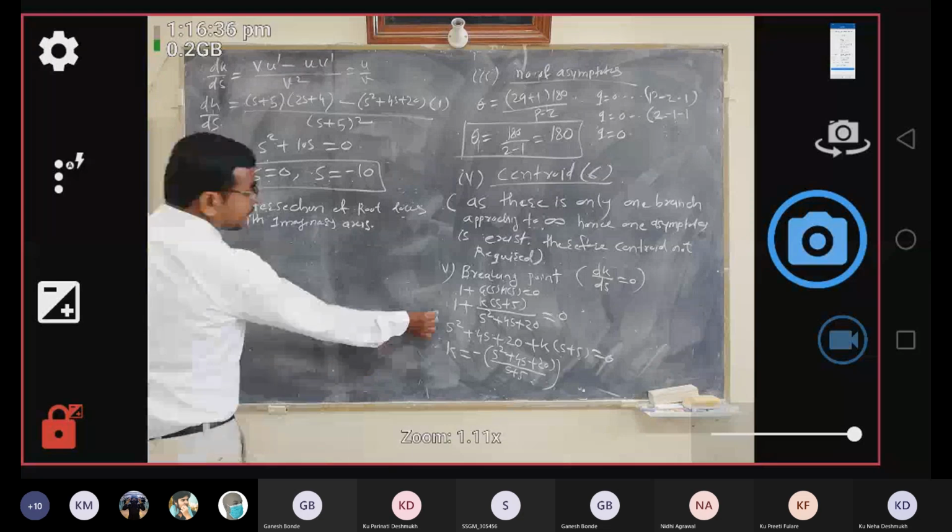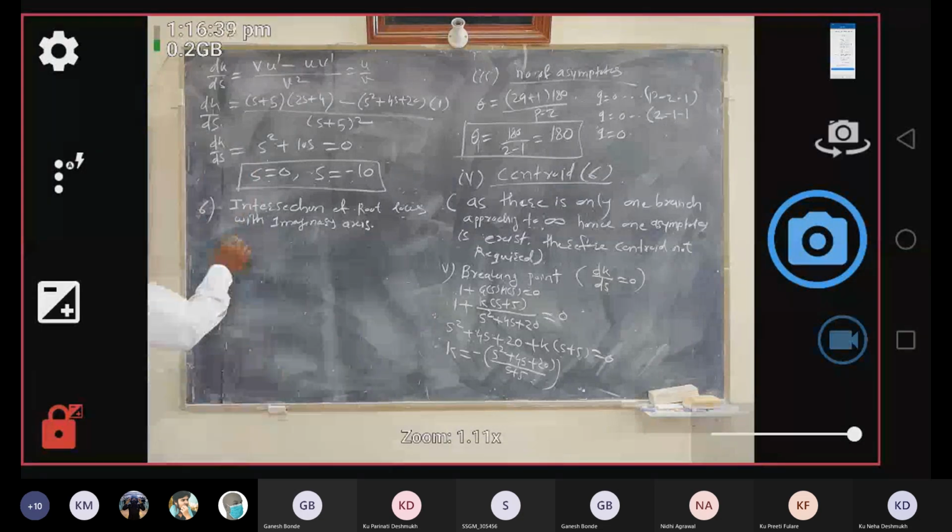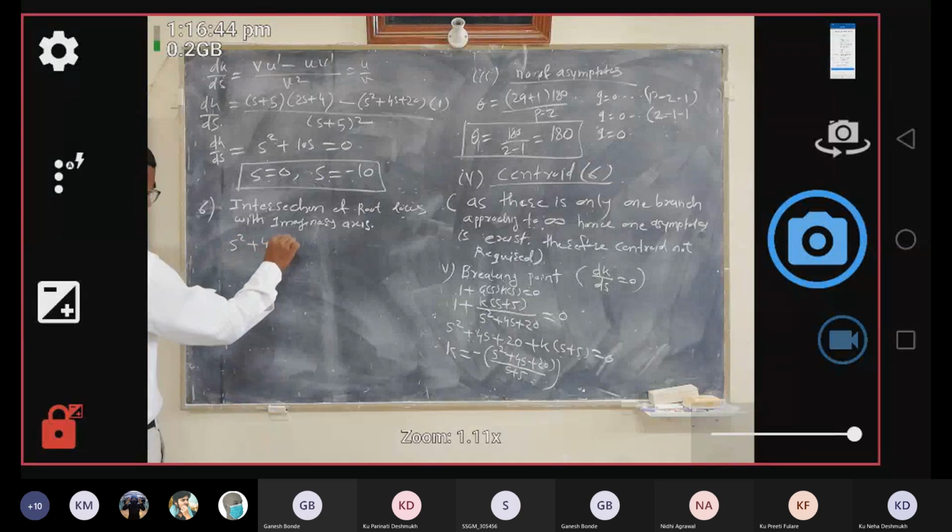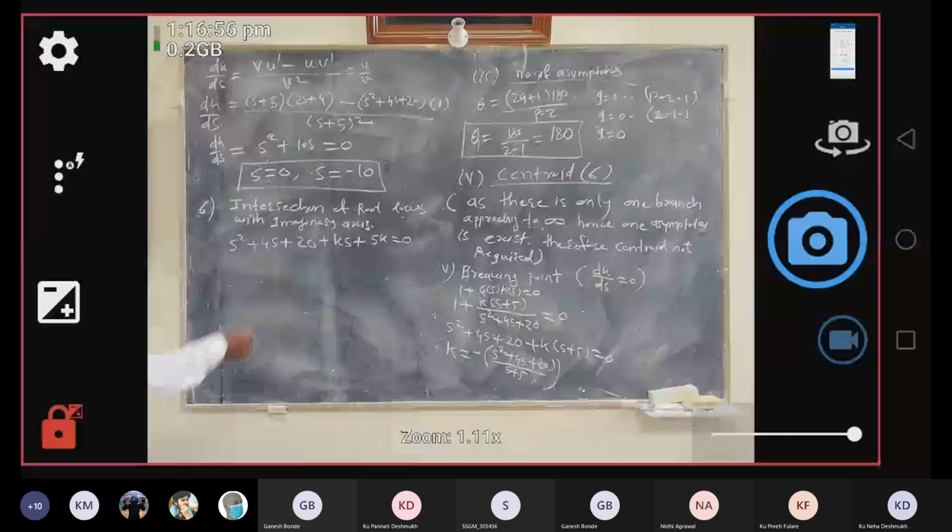So here this is the characteristic equation we have, that is s square plus 4s plus 20 plus as plus 5k, which is equal to 0. Okay, so you can simplify this equation.